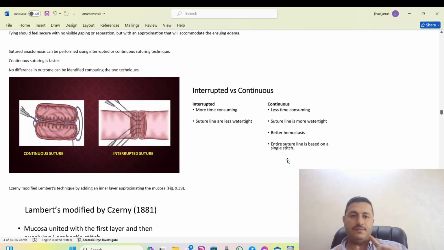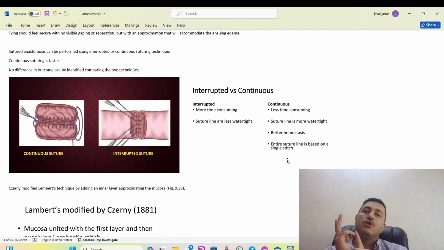We use, first of all, slowly absorbable braided sutures, slowly absorbable when we compare to non-absorbable or rapidly absorbable.